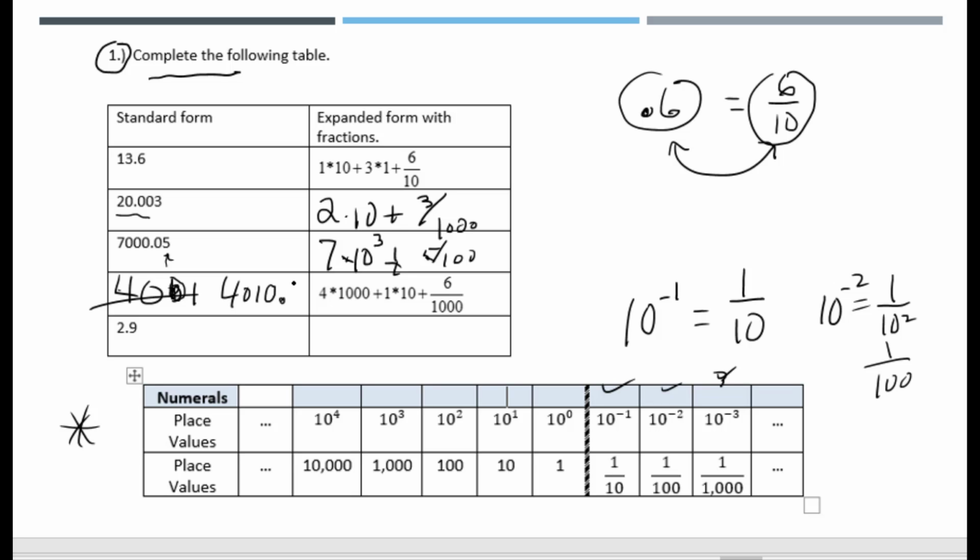Then the decimal point, and we have 0, 0, 6, because that's thousands. This one we have 2 ones, which is 10 to the 0. That's the ones place right here. Plus 9 tenths, because the tenths is the first decimal to the right.